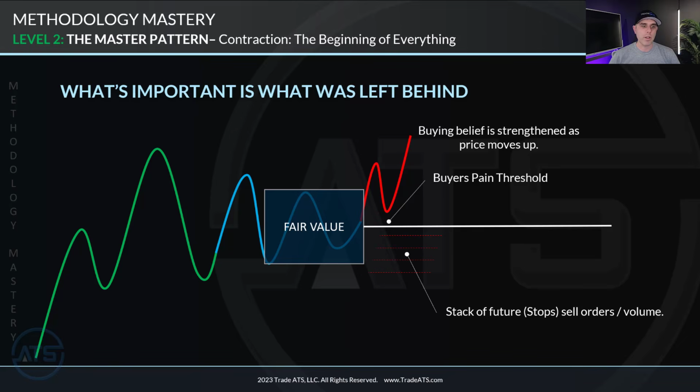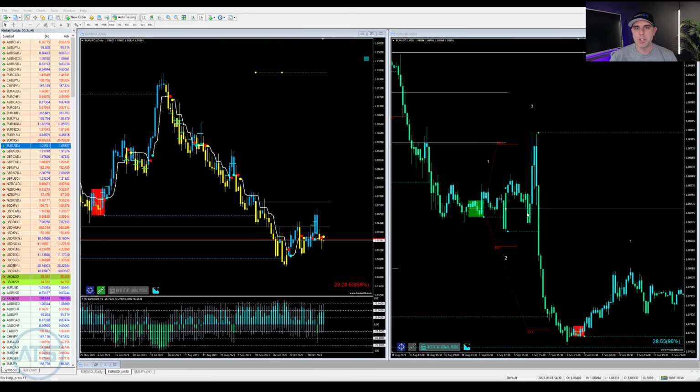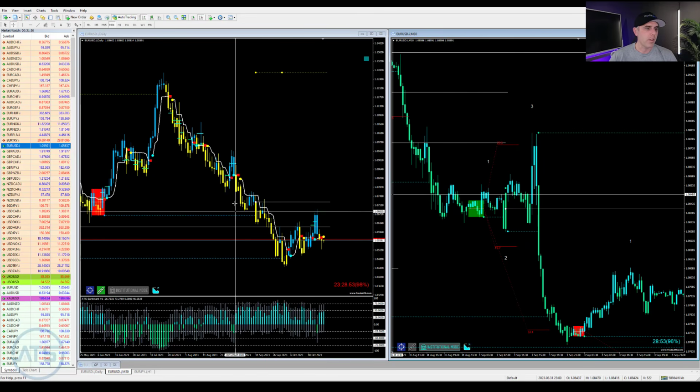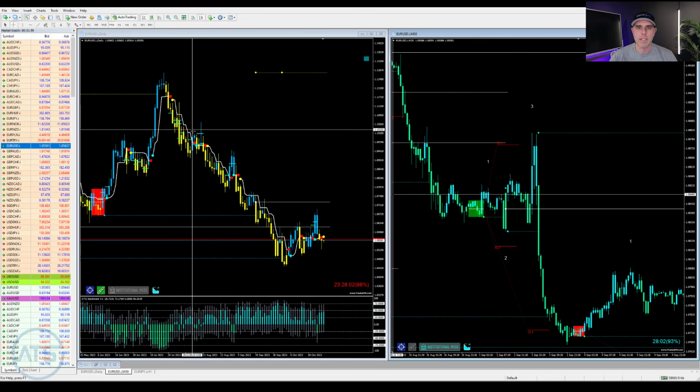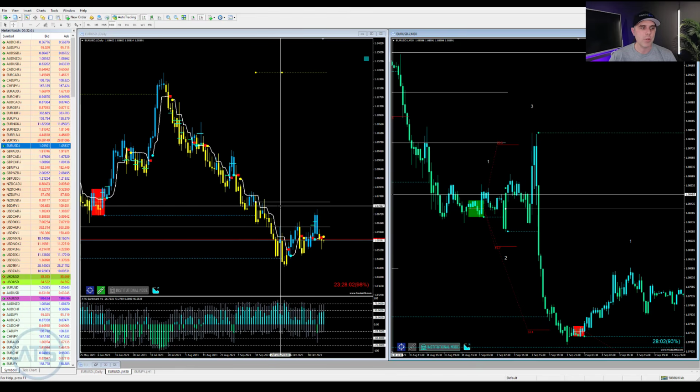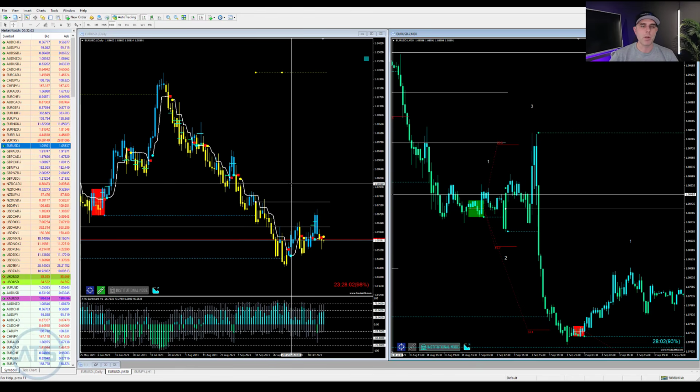So now, knowing what I just taught you, looking at this chart, can you see where the market makers are rebalancing their portfolio? We have a 30-minute chart here, and we have our daily chart over here. We could see that the daily chart is in a clear downtrend. So that means that when we approach this market, we're already going to have a directional bias or an expectation that all contractions and expansions are going to eventually play out to the downside.